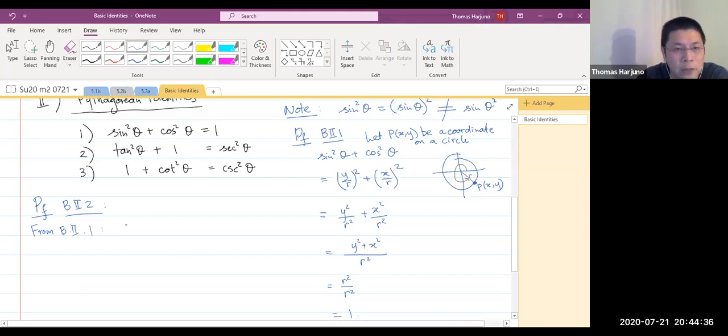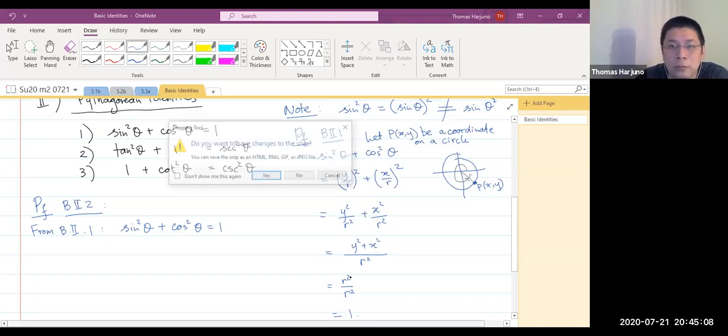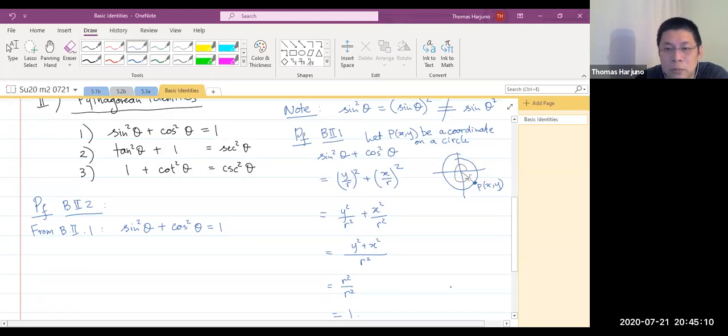From B2-1 we have sine squared theta plus cosine squared theta equals 1.